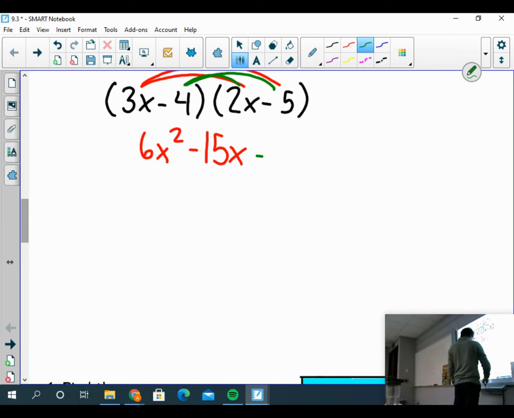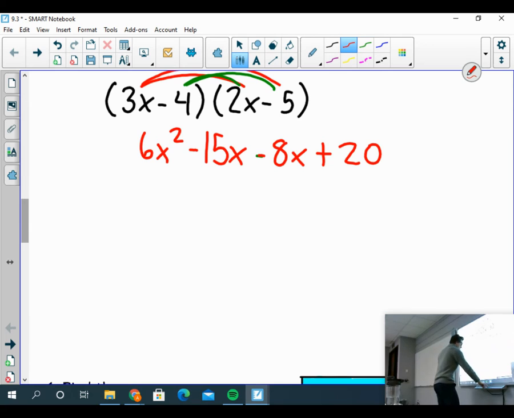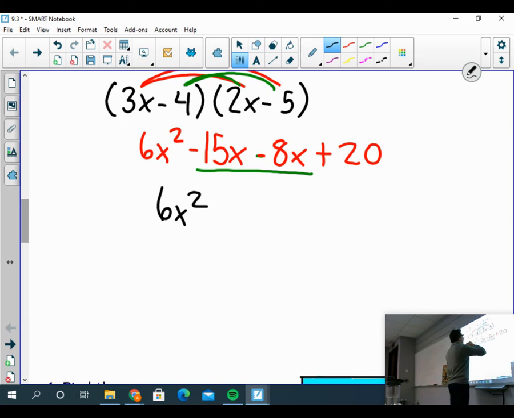And I get minus 8x plus 20. Identify the like terms. That leaves us with 6x squared, minus 15x and minus 8x is going to be minus 23x, and plus 20.